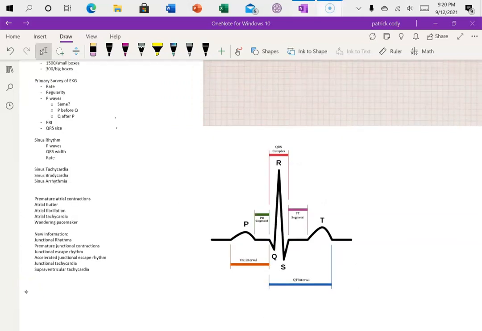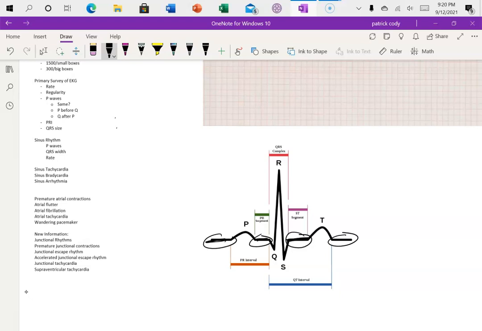The last thing I want you to remember about waveforms is remember that these lines here, which are right here and here and here, I'm going to circle these to make them easier to see, and here, these are called the isoelectric lines, and they represent electrical neutrality.